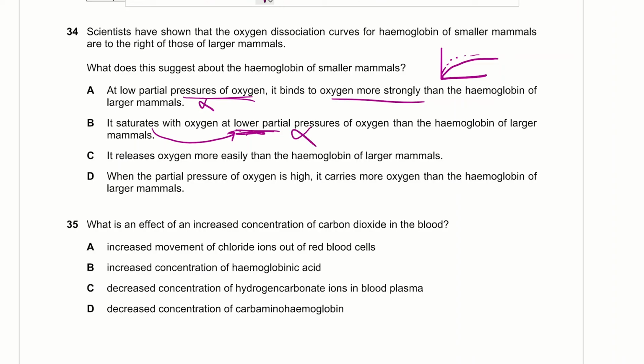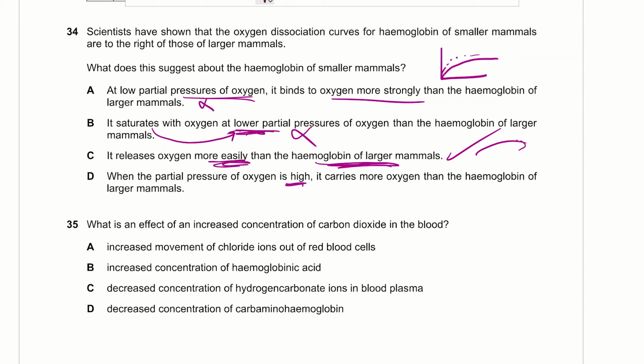C. It releases oxygen more easily than the hemoglobin of larger mammals. Yes, hemoglobin having a lower affinity to oxygen means that it could release its oxygen easily because the binding is not as strong. Therefore, this is correct. D. When the partial pressure of oxygen is high, it carries more oxygen than the hemoglobin of larger mammals.